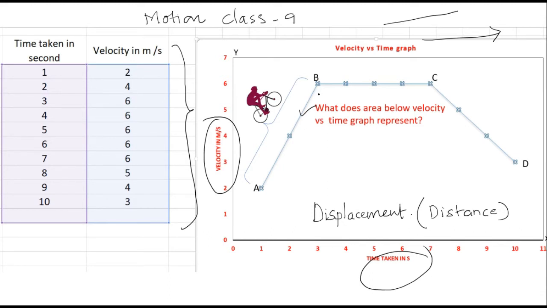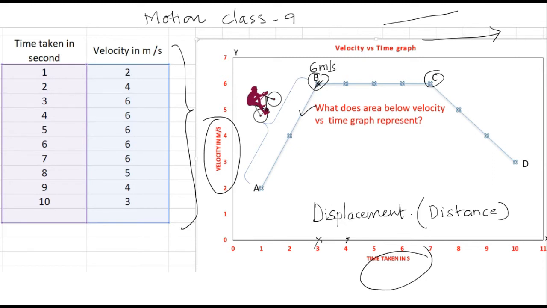So in the previous videos we had a question: what is the distance covered in this particular motion which is from B to C? Now let me tell you that this portion of motion has a particular velocity. At this point, which is at 3 seconds, what is its velocity? 6 meter per second.